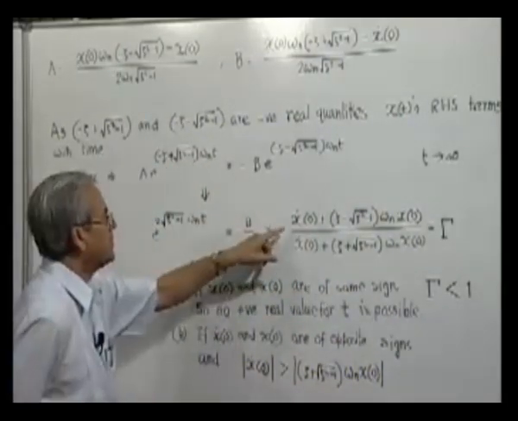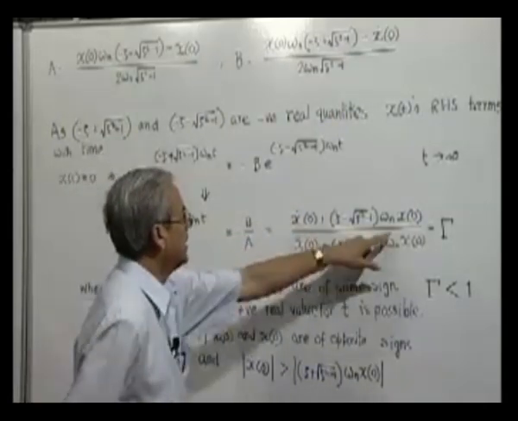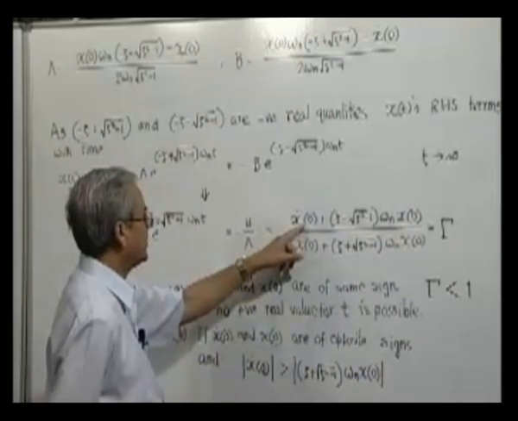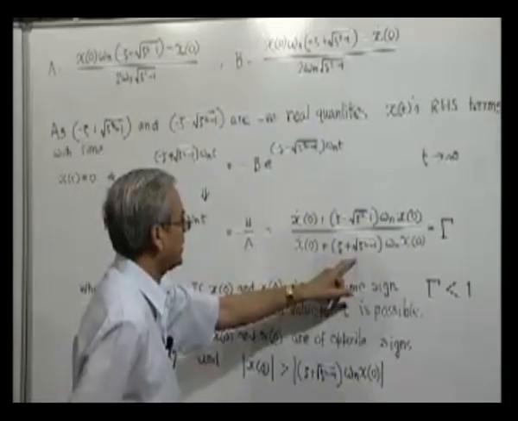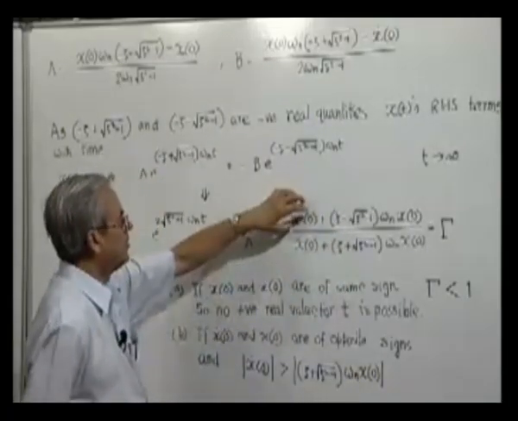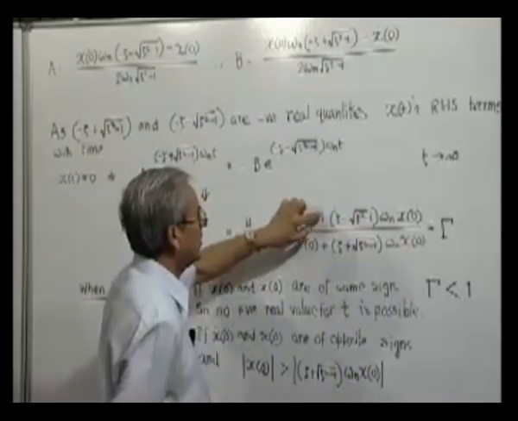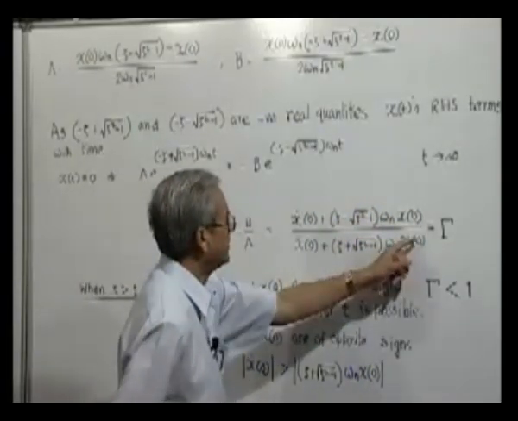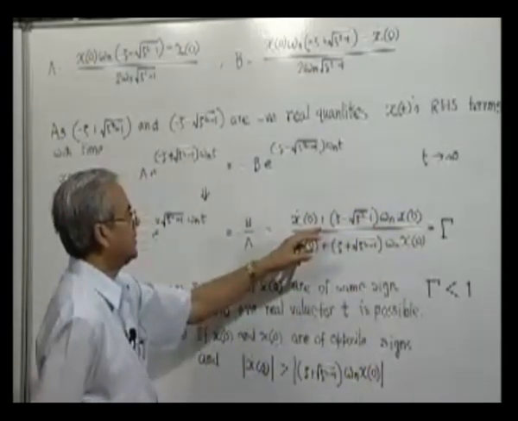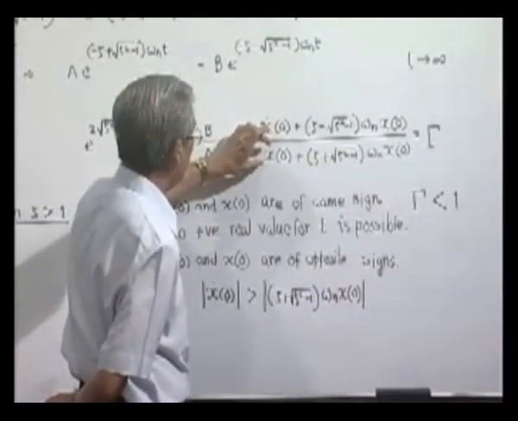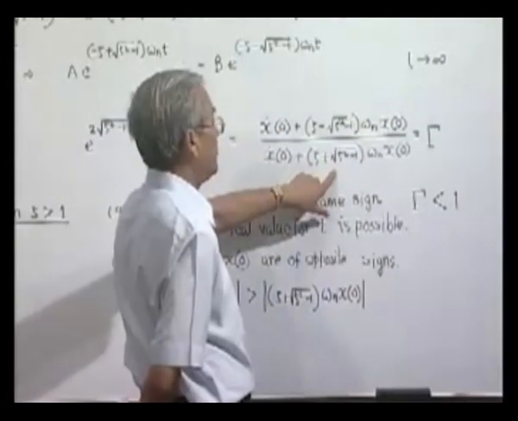Then if this is positive and this is negative, now if the magnitude of this is anyway a smaller quantity than this, so this will be a positive quantity minus some quantity which is less than this. So what will happen? The upper part, and this magnitude of x0 is more than this.